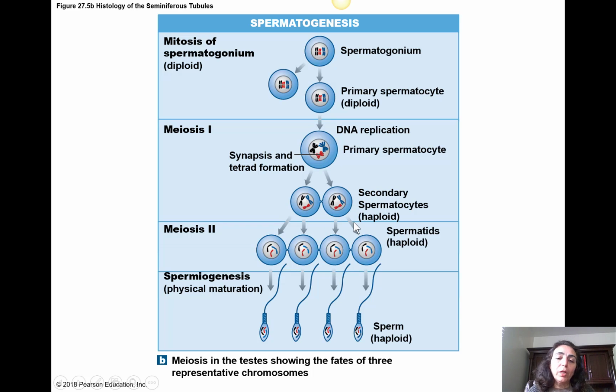And then each one of these secondary spermatocytes goes under meiosis 2, and then those sister chromatids also get separated. So we have 23 here, 23 on the other one. So still each one of these 4 comes from these 2, and these 2 came from one single cell. Each primary spermatocyte makes 4 spermatids, and spermatids are haploid, right?